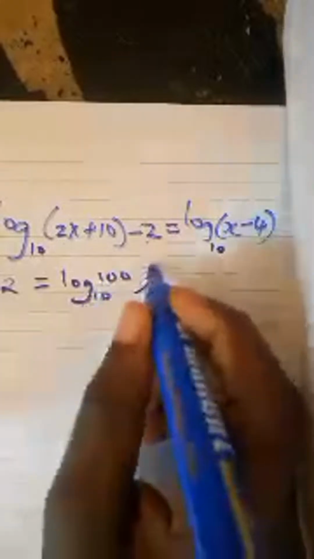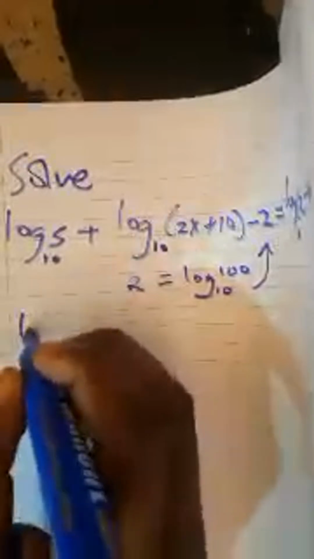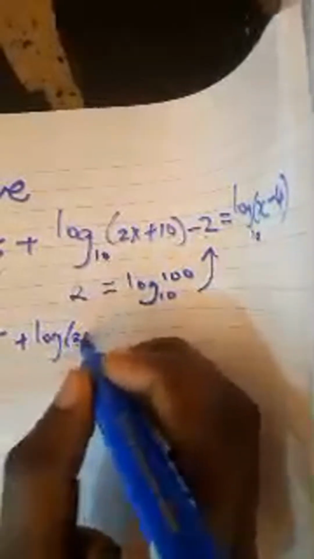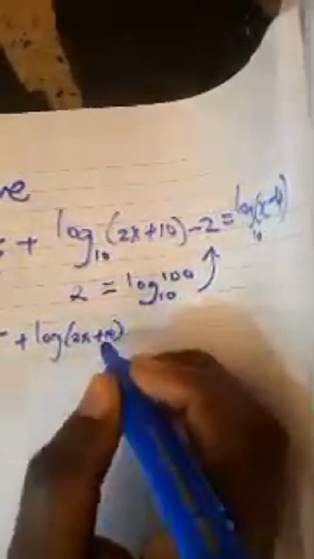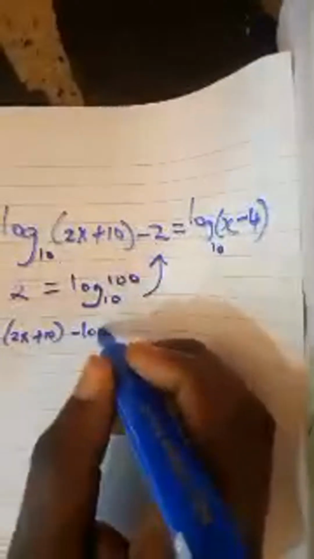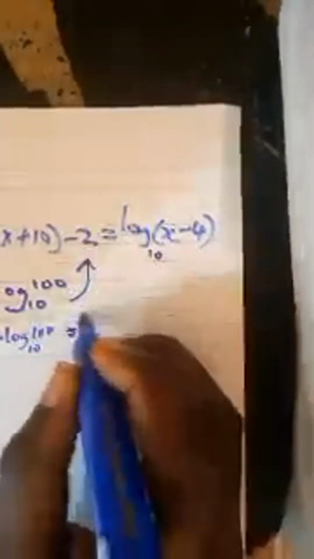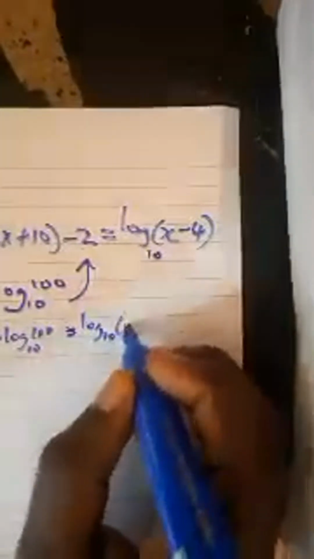So I'm going to replace this one here, so that my equation now changes to log 5 plus log (2x plus 10) minus log 100 base 10. So log 100 base 10 is just 2, should be equal to log base 10 (x minus 4).